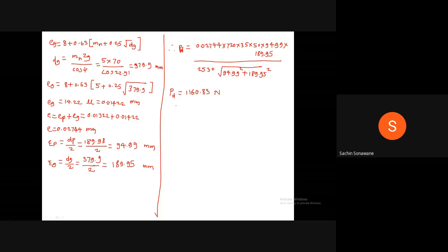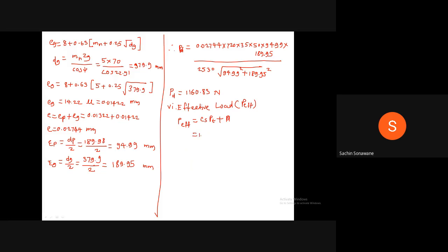Now we will calculate the effective load, the sixth value. P effective. Therefore, P effective is equal to Cs PT plus PD.